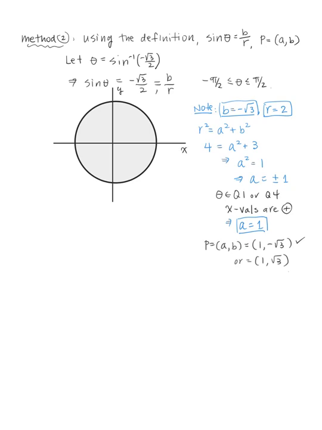Okay, so now let's jot down 1 comma negative square root of 3. So if this is 1, this point right here is negative square root of 3.